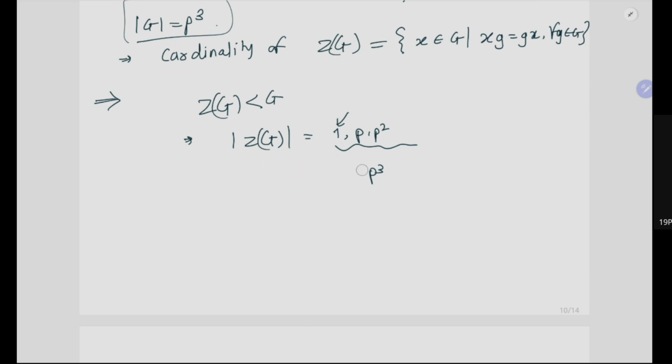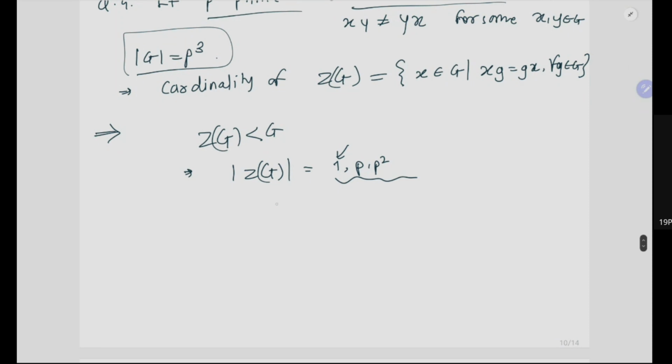Okay. By the way, G quotient Z(G) is always abelian. Do people know this? G quotient Z(G) is abelian.